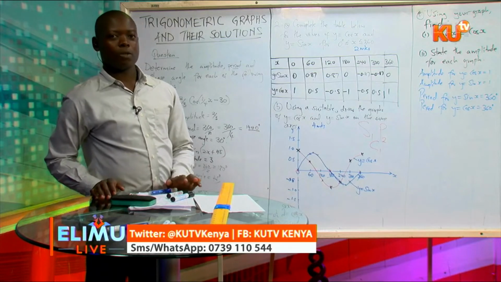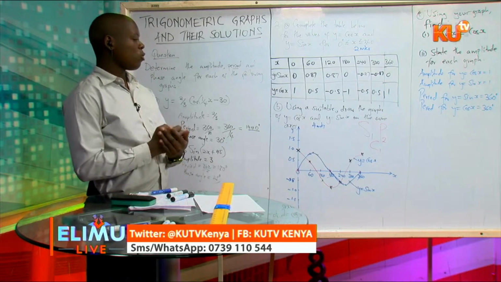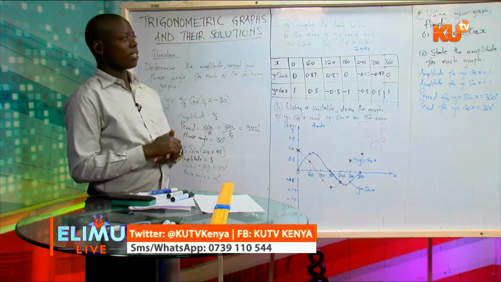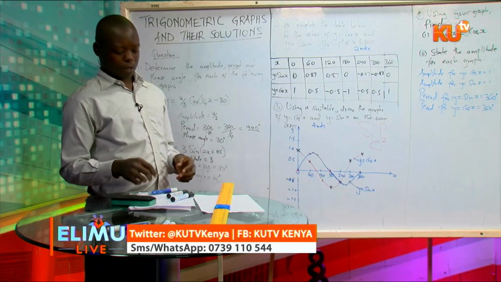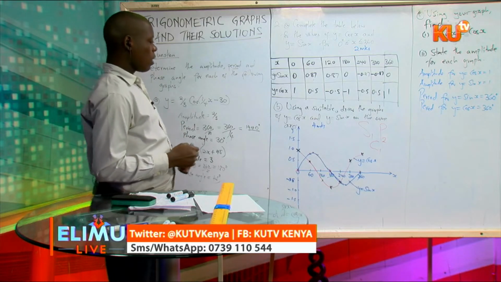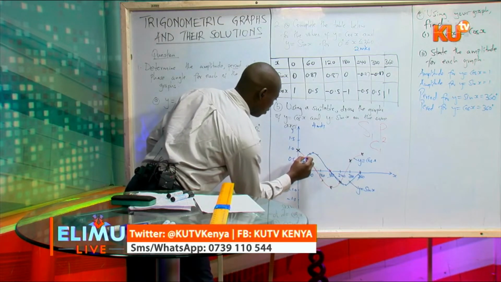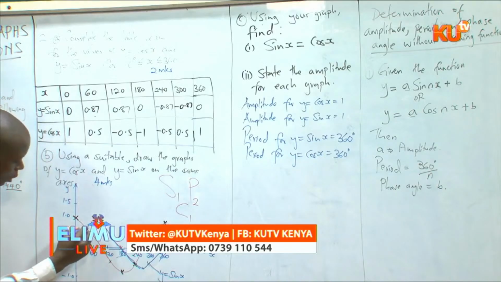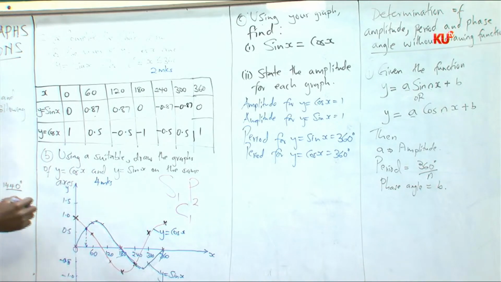And part 1, my students, what you ask is to get the value of x for which sin x is equals to cos x. Now, where the two graphs are equal should be the point of intersection. So we only need to look at the points of intersection, and this is the first point of intersection of these two curves, and then extrapolate to read the value on the x-axis. You have to show the marks of extrapolation.